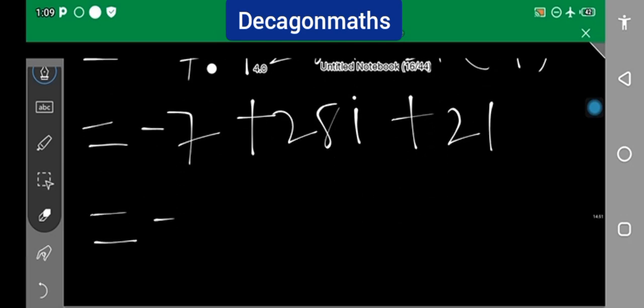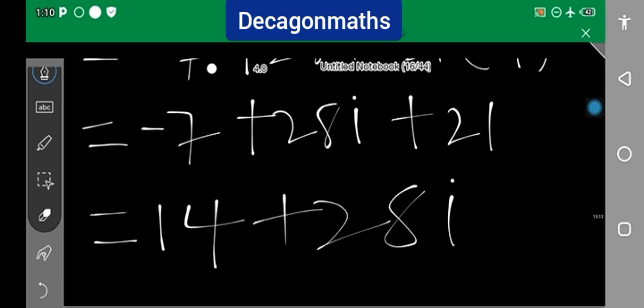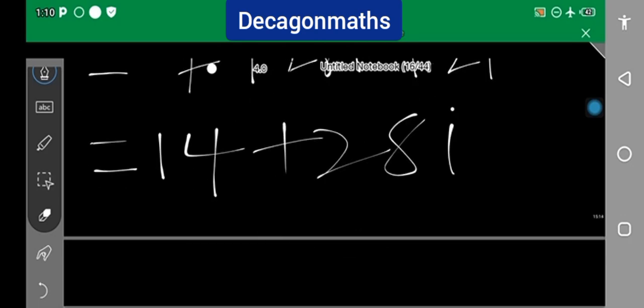Let's add it. So I'm going to add minus 7 to plus 21, and that gives us 14. That means we have 14 plus 28i, and this is the result for the third one.